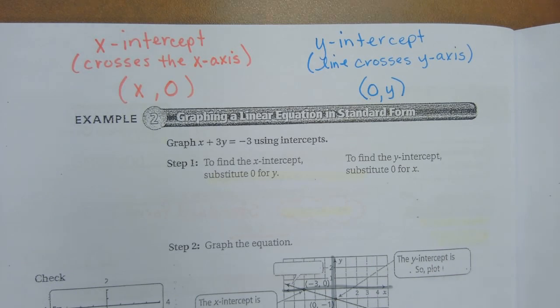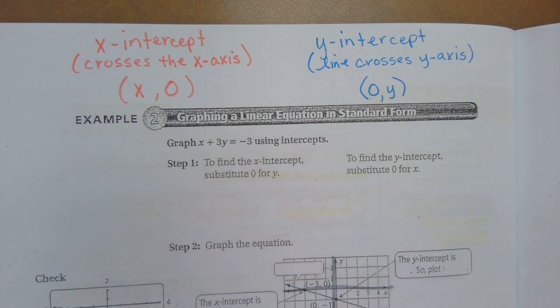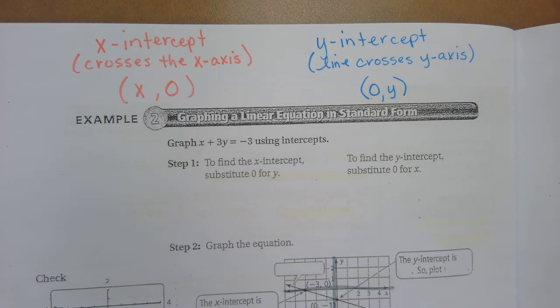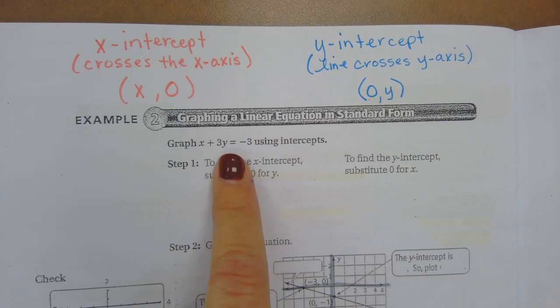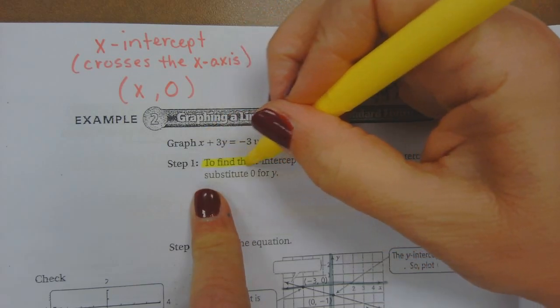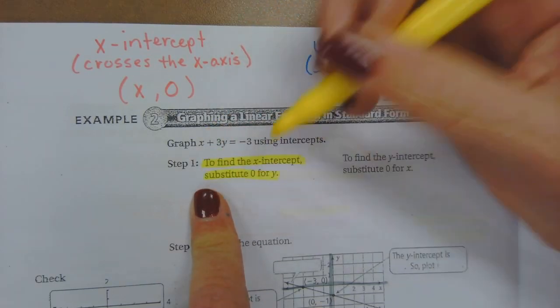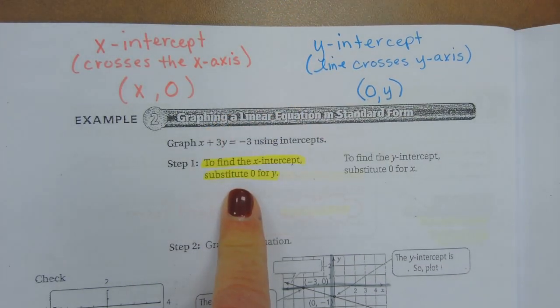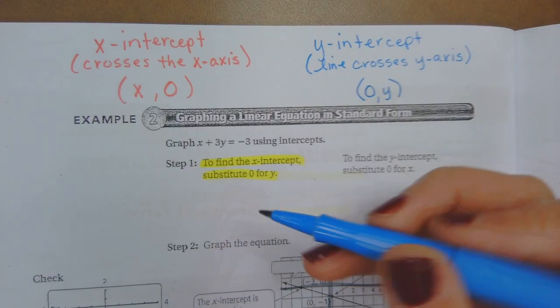Okay, so knowing that, if we take our standard form equation and we use the intercepts, that gives us 2 points. And then once you have those 2 points, you can draw a line. So we're going to do this problem together. So the first thing we're going to do is to find the x-intercept, we're going to substitute 0 for y.